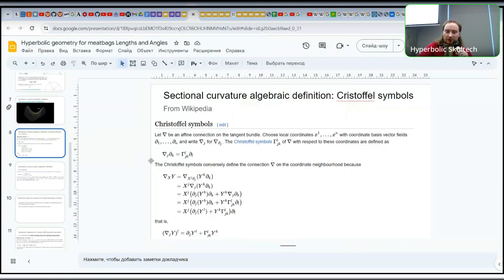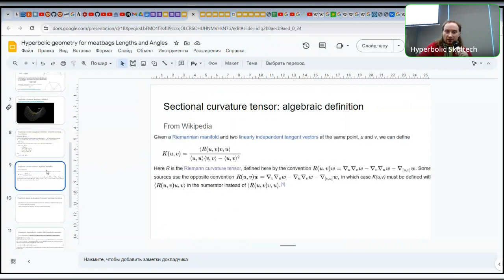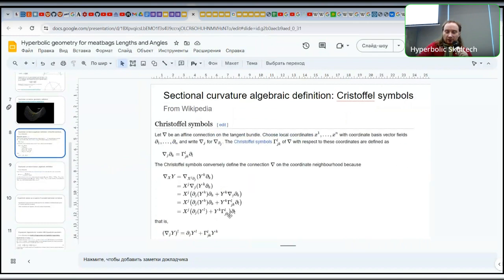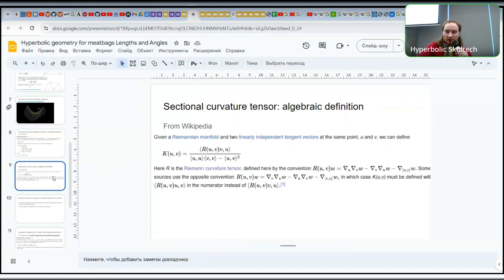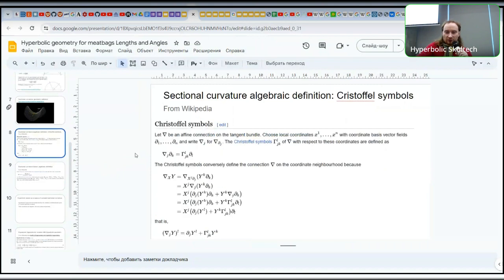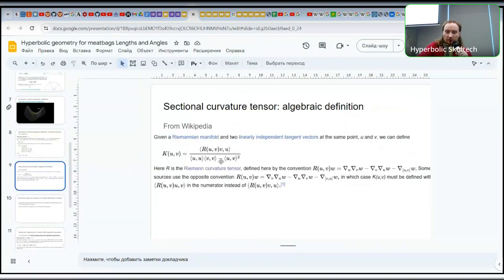So that's the idea behind them. This defines some sort of differentiation of one vector field across another.